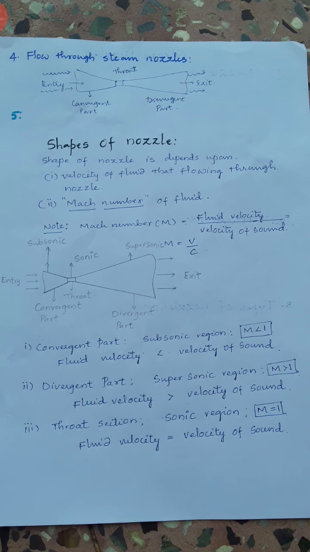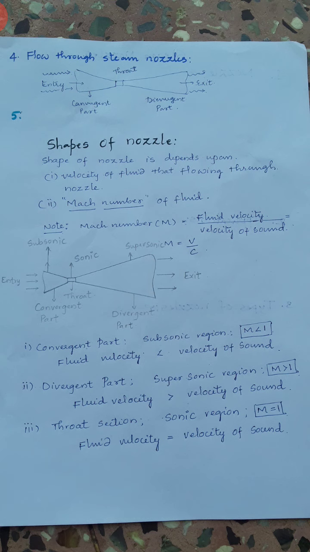The figure shows three different sections of the nozzle. It indicates the convergent part, throat and divergent part. The convergent part, in which the velocity is very low, indicates the subsonic region, where the Mach number is less than 1, meaning fluid velocity is less than velocity of sound.